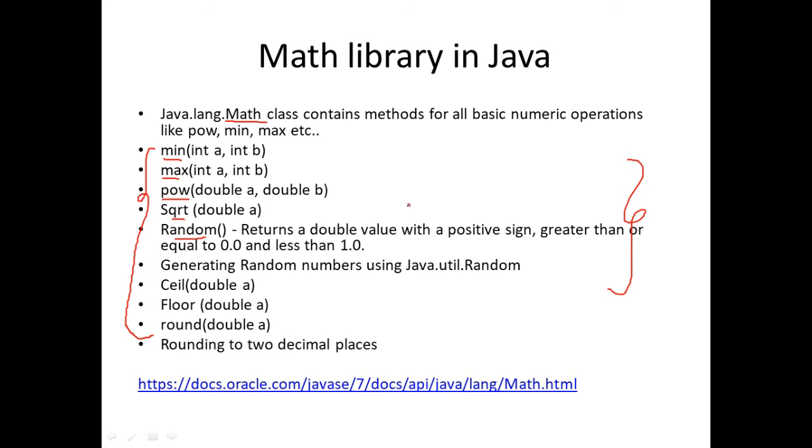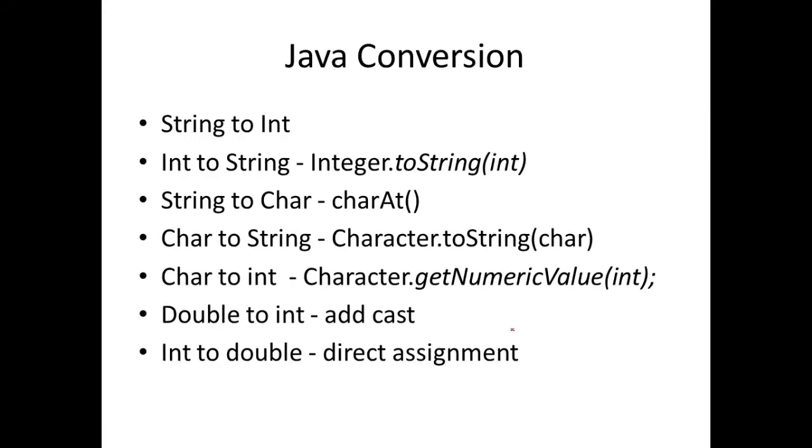Okay, I hope you're now clear with all these important methods. And as I told you, there are a lot of methods other than this. For the list of methods, you can verify this link, docs.oracle.com, and check the documentation to get a big list of methods.